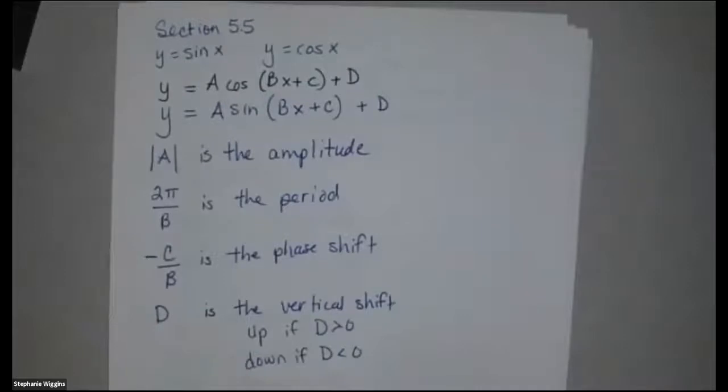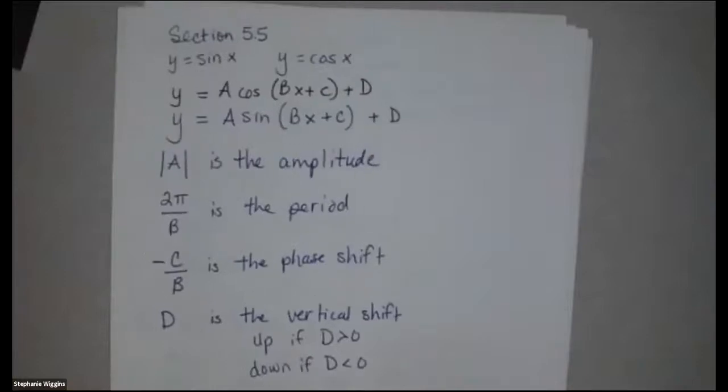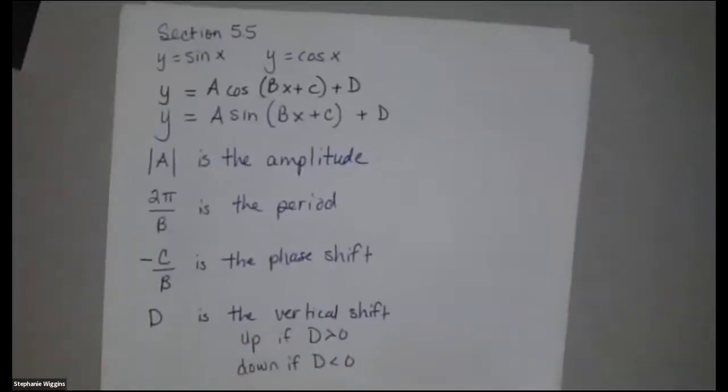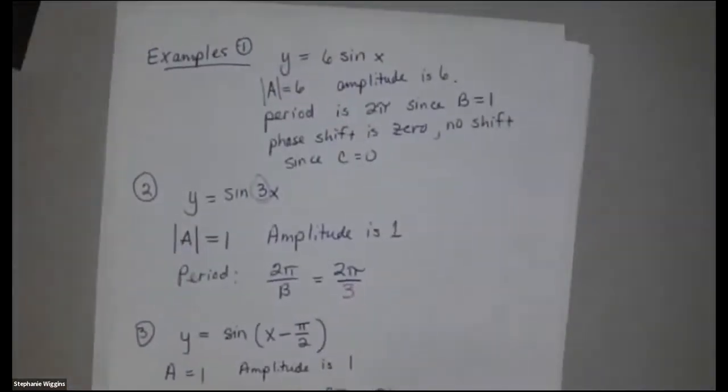Okay, tangent and cotangent are different functions. All right, let's see. I want to do another example. Any questions on this so far? All righty, let's see.